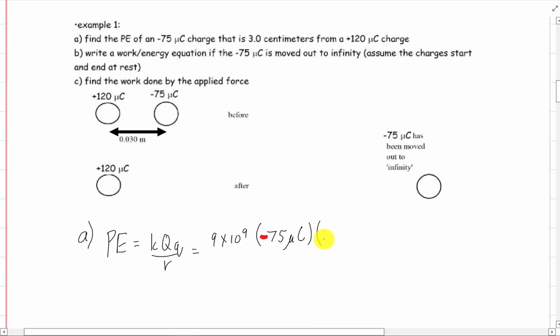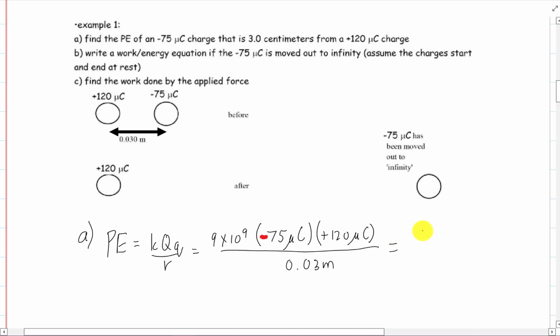And this one's a positive 120 microcoulombs. And we divide that by the 3 centimeter distance.